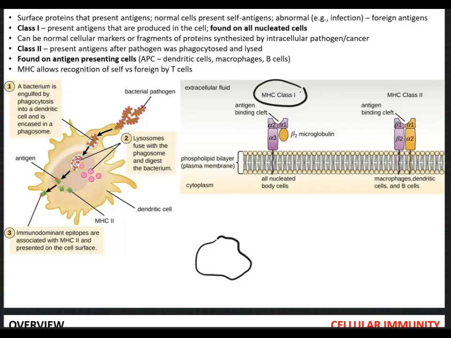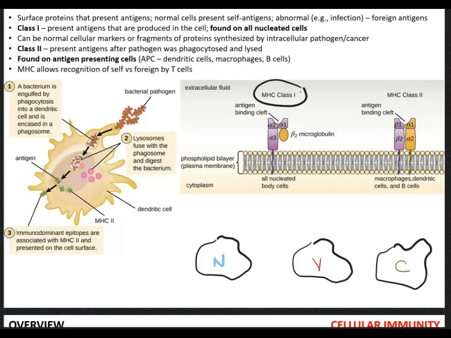So I'm going to draw 3 cells. The first one is normal. The second one is infected with a virus. And the third one is cancerous.